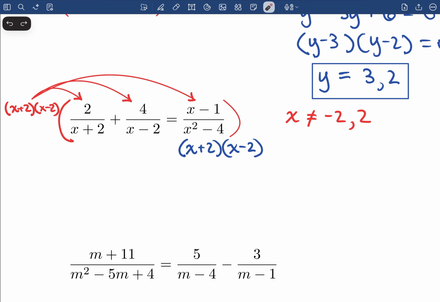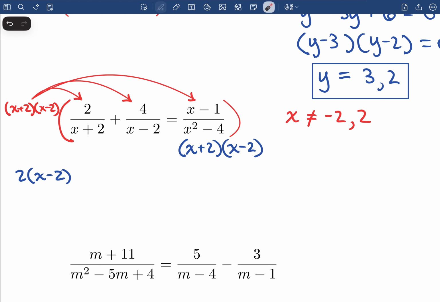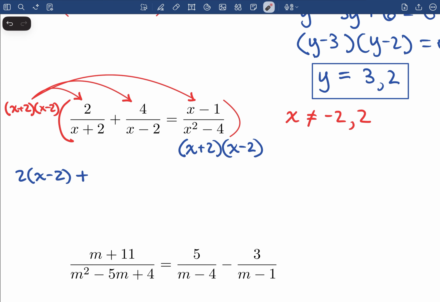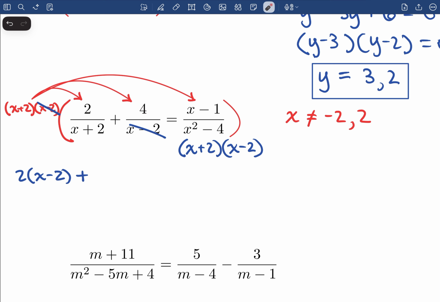So that's why I'm writing 2 times x minus 2 down here. Okay, now I have the plus sign of the equation, so I'm going to write that plus sign. Next, I'm going to multiply these factors into the second fraction, 4 over x minus 2. And notice with me that the x minus 2 of the denominator will cancel that x minus 2 that's being multiplied in. And so I'm going to multiply 4 with x plus 2.